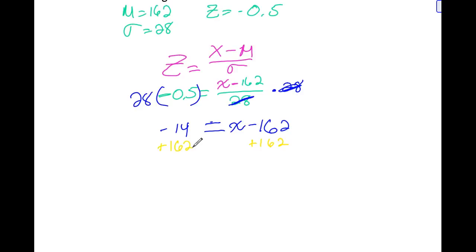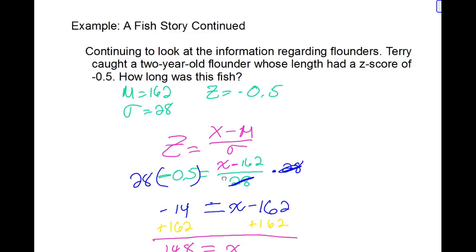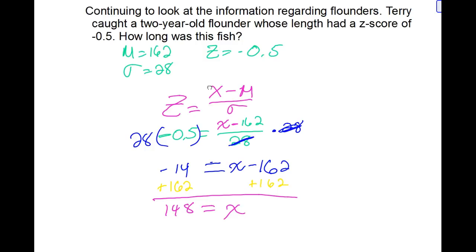Now you have to be careful right here because you have positive and negative values. So you have negative 14 plus 162, and that actually comes out to positive 148. So this fish was 148 millimeters in length. So 148 millimeters long.